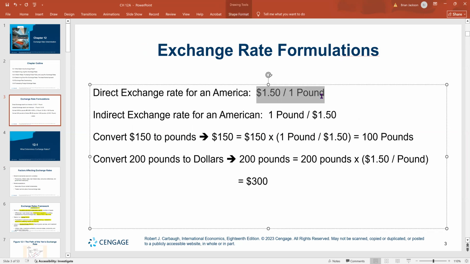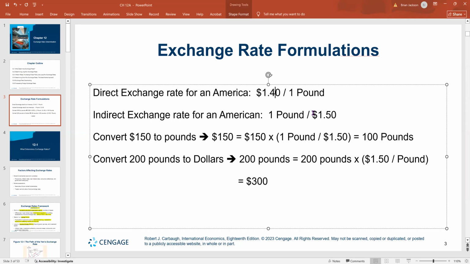Then perhaps this particular exchange rate, that is $1.50 would equal 1 pound, may move to say $1.40 equals 1 pound. So it takes fewer dollars to purchase a pound in the future. That's what you would expect if you're expecting the dollar to appreciate.